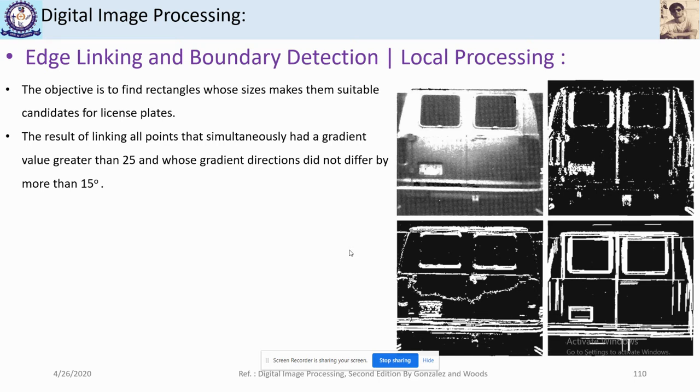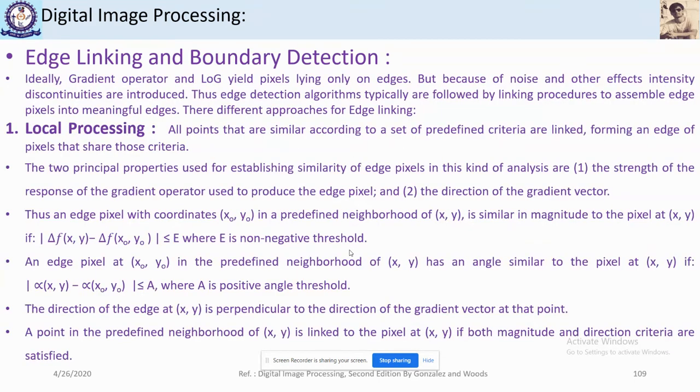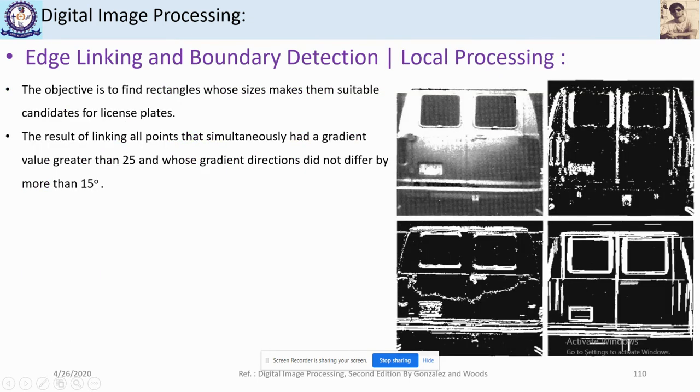Just to recap, in local processing, we take two conditions, one for the magnitude and another for the direction of the edge. And if both the conditions are met, then we link that particular pixel to the neighboring pixel, and like that we perform the linking, and we achieve the removal of discontinuities by doing this local processing.